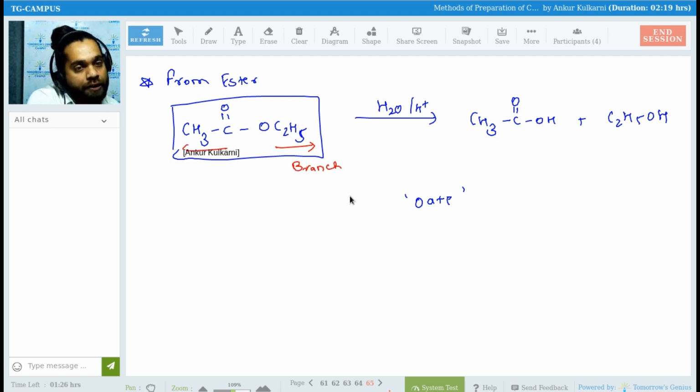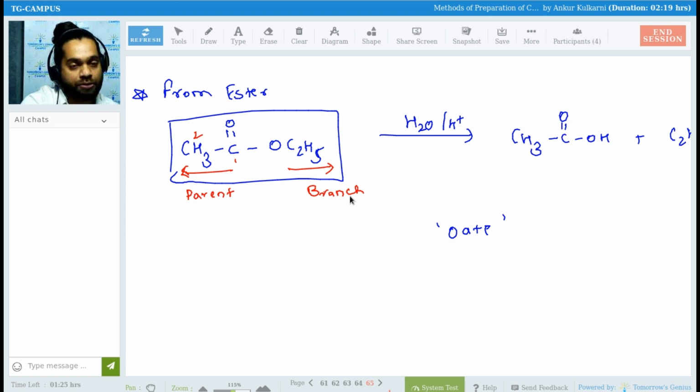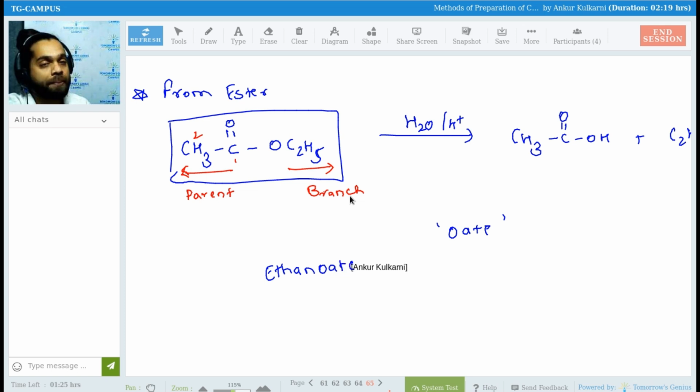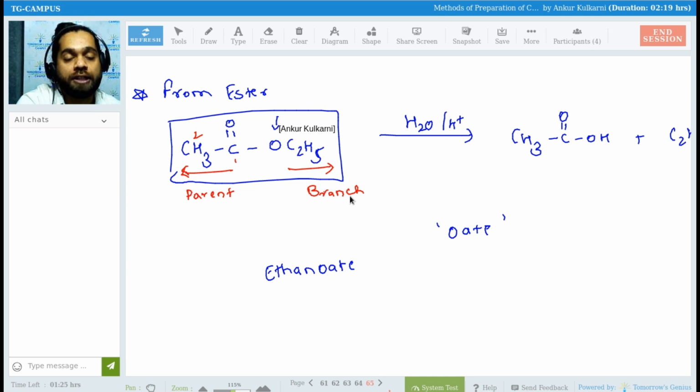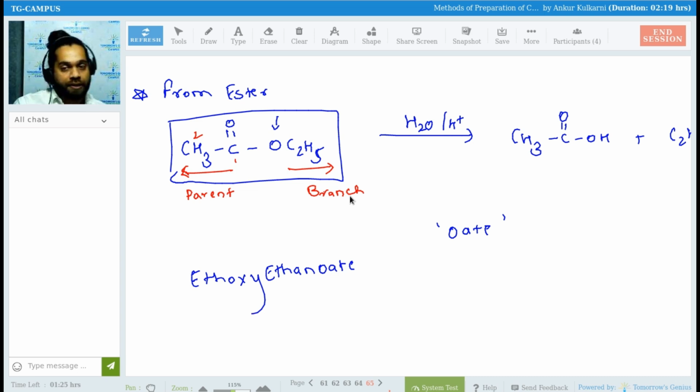And the carbon side we consider as the parent chain, even if it is just one carbon. So how many carbons are in the parent chain? 1, 2. Two carbons means ethane, but since we have an ester, it is ethanoate. The branch is again two carbons, ethyl, and with the oxygen it becomes ethoxy. So ethoxy ethanoate. Are you getting it, Sasidharan?